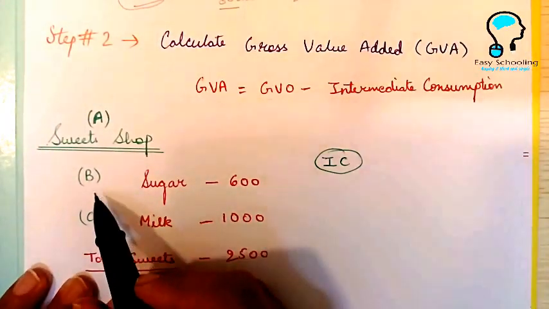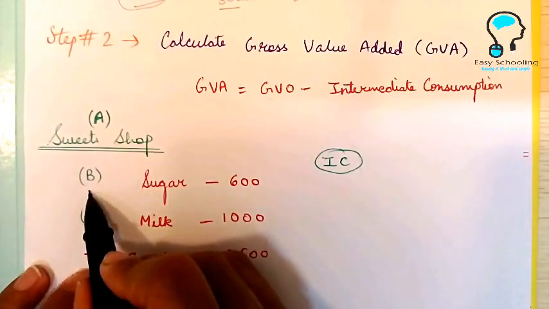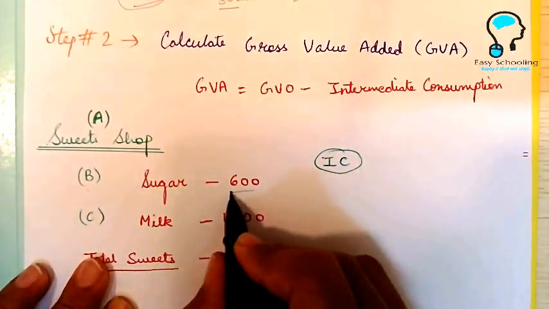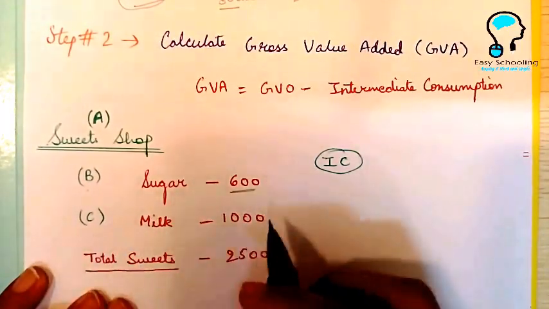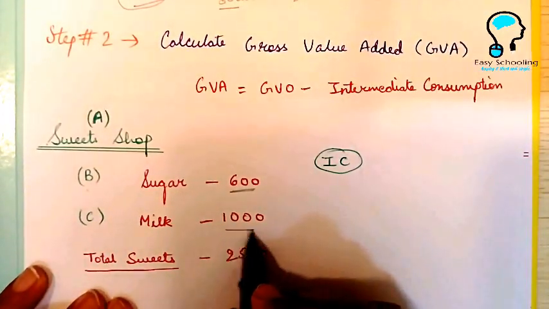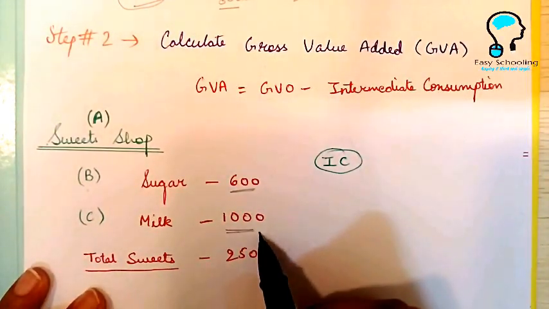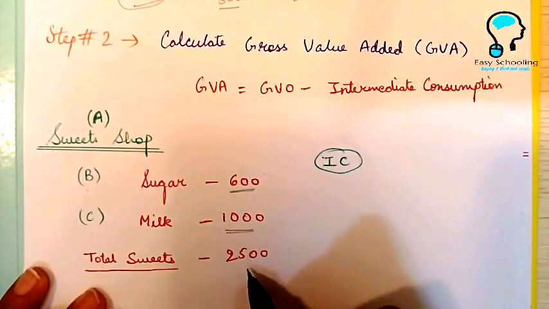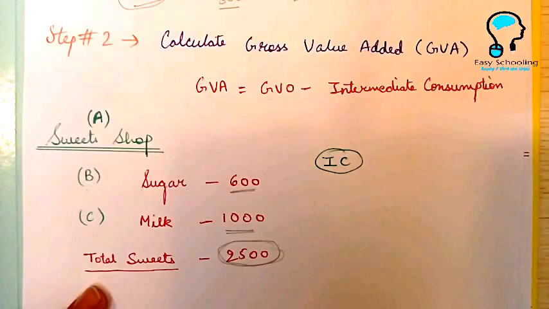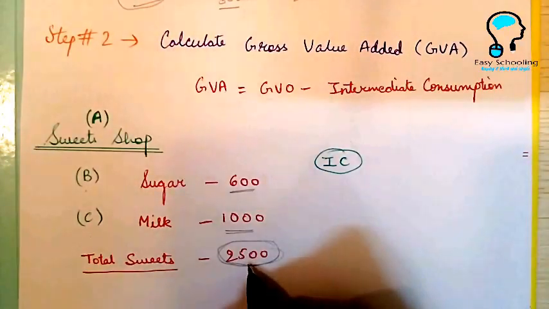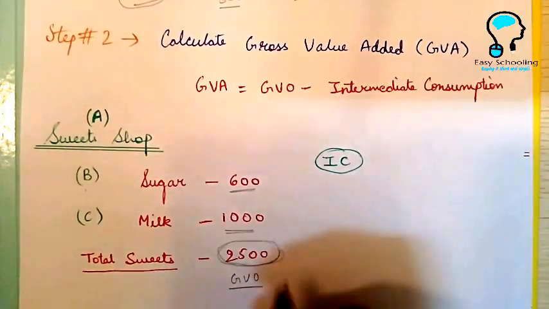Now he is purchasing sugar from firm B, and the value of that sugar is 600, and he is purchasing milk from firm C, and the value of that milk is 1000. With the help of these semi-finished products, he is able to produce sweets worth rupees 2500. So this is his total output, this is his GVO.